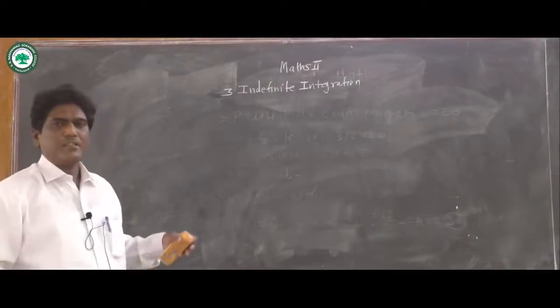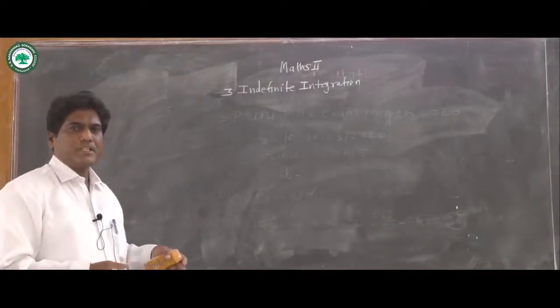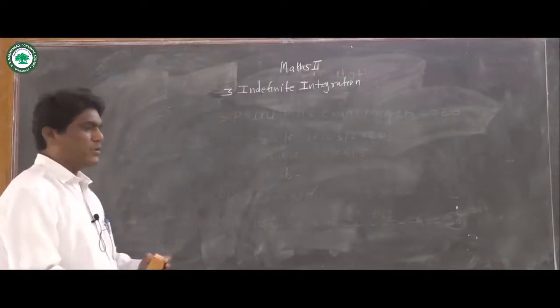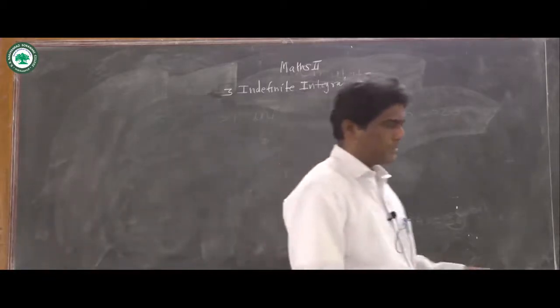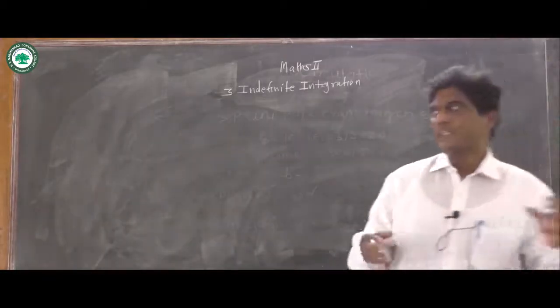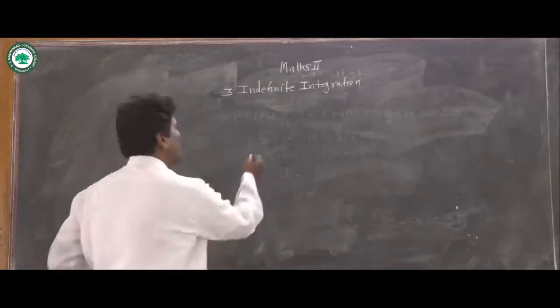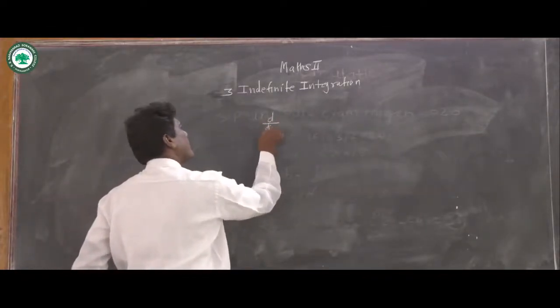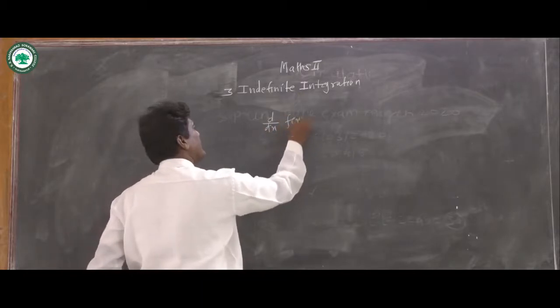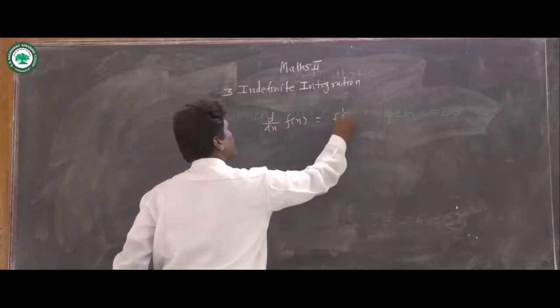Now we see what integration is. Definition of integration: if we know the derivative of a function, we can find the integration. d by dx of f of x is equal to f dash of x.